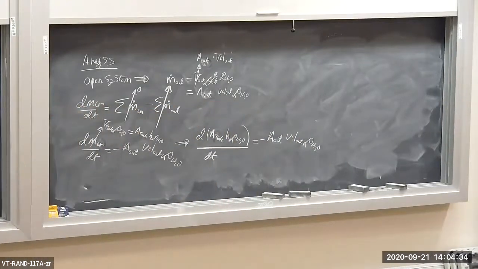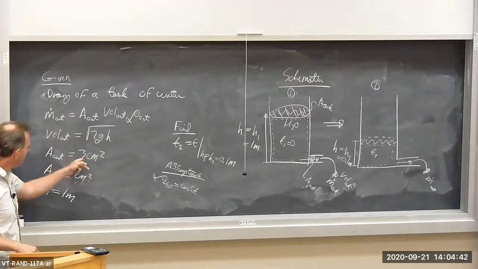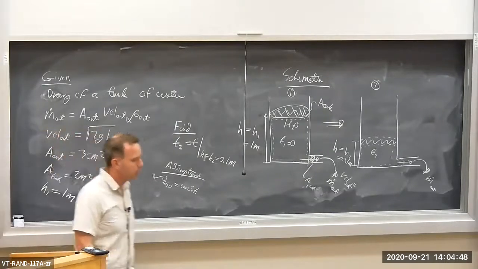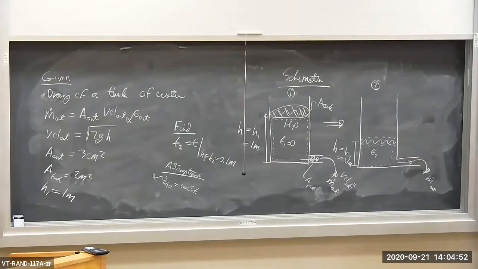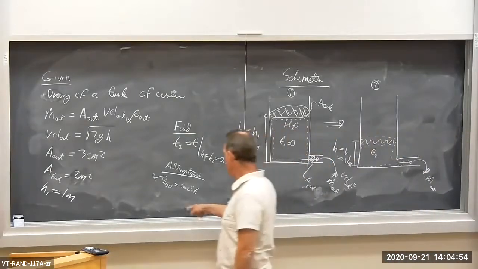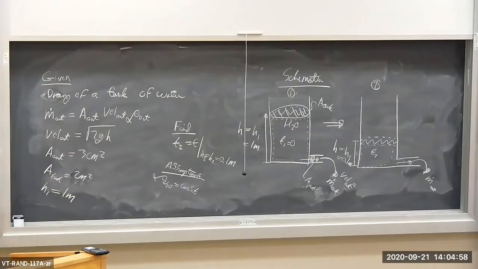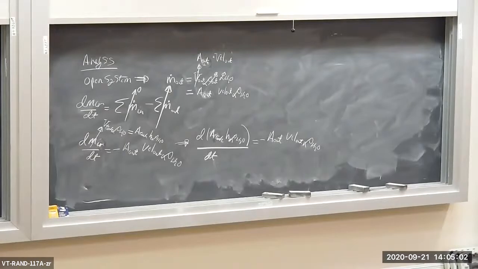Now, we're given the tank and the flow area. The tank and the flow area are constant, 3 square centimeters for the outlet, and 2 square meters for the tank surface area. And we're also assuming H2O density is constant. Constant tank area, constant flow area, constant density.